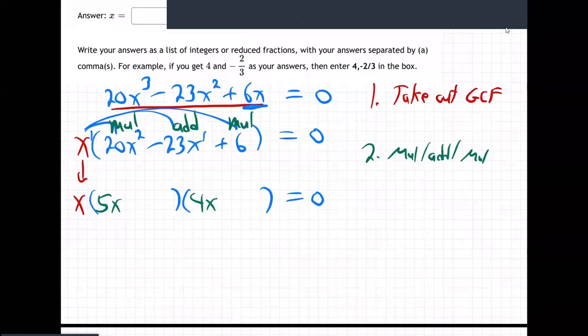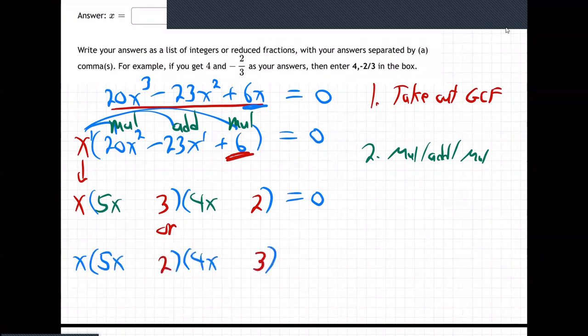To multiply to be 6, we could do 3 times 2, or it could be the other order, right? Instead of 3 times 2, it could be the 2 here and the 3 there. How do we know which order is correct? And also it could be 6 times 1, but it's probably 3 times 2. How do we know which order is right?